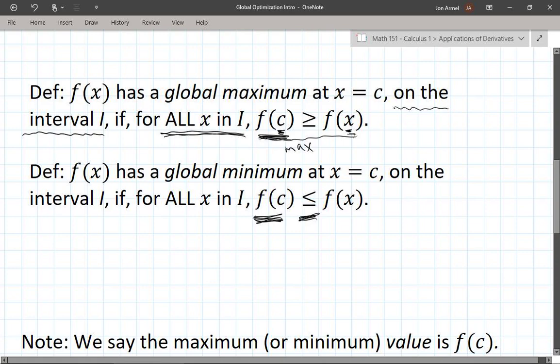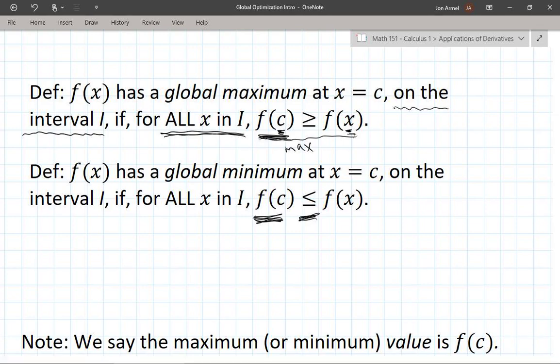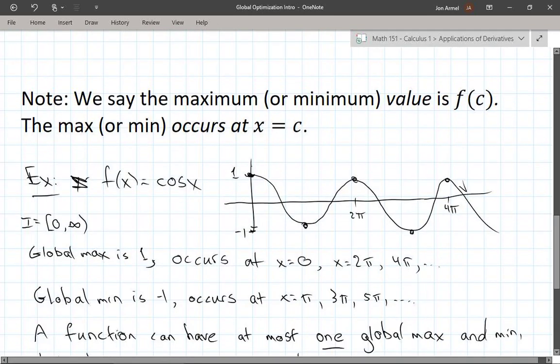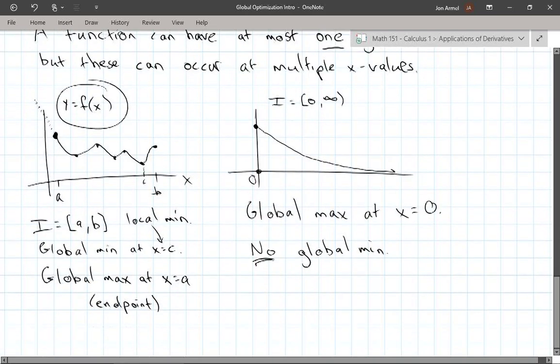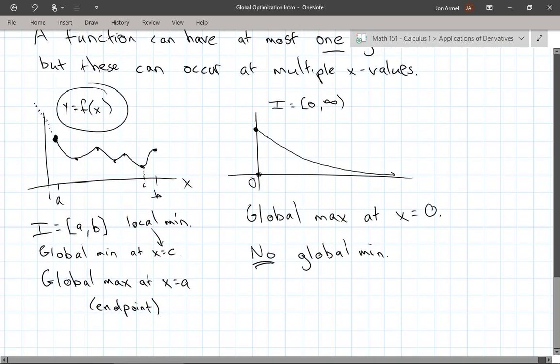It just never happens. You can't plug in infinity. I mean, there are maybe some fields of mathematics where you say, oh, this has a minimum at infinity or something, but we're definitely not going to do that. And in real world applications, you don't want to say, I've got a minimum at infinity. Infinity doesn't often occur in the real world. So we just say there's no global minimum because the function can keep getting smaller and smaller.